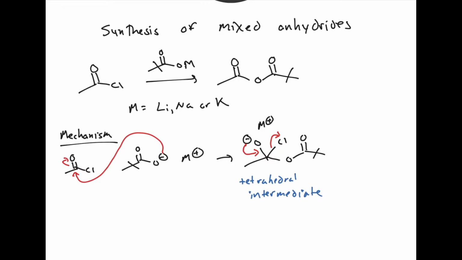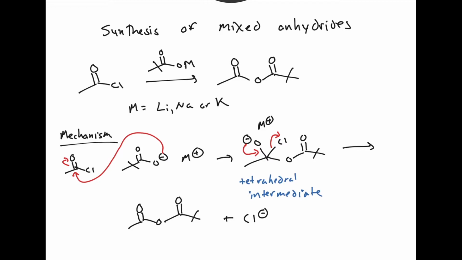Now, the acetate, or the carboxylate you just added, is also a pretty good leaving group. So there's a non-zero chance that you can push the carboxylate back out and remake the acid chloride, but then the reaction just tries again until it makes the anhydride.